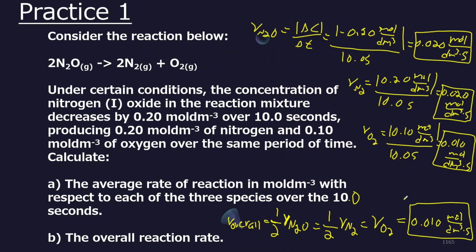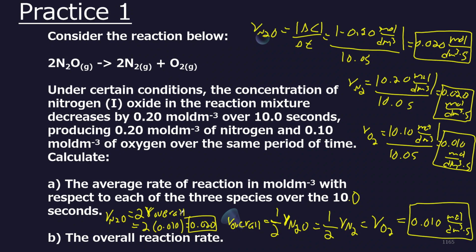So you can see that if you're going to solve for the individual rate of N2O or N2 using this equation I wrote at the bottom, it should be true that the rate of N2O, for example, is equal to 2 times the rate overall, which is 2 times 0.01, which is 0.020, same as somebody calculated in the lab.